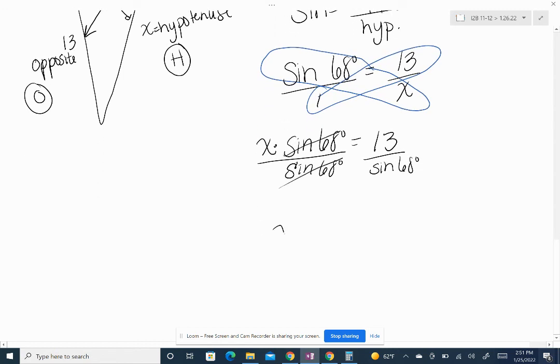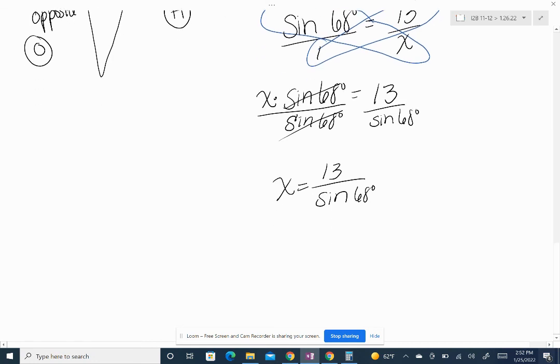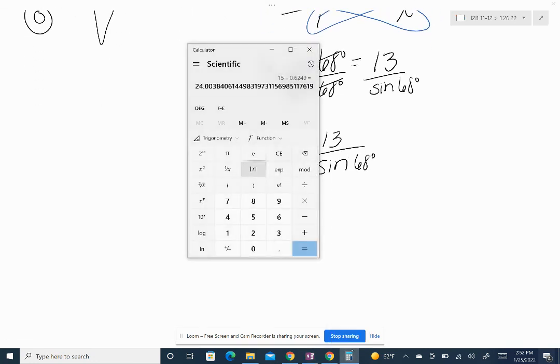Cancel, cancel. So x is going to equal 13 divided by sine of 68 degrees. Okay, so now I'm going to go ahead and put that in my calculator. So 68, I'm going to take the sine of it, is 0.9272.